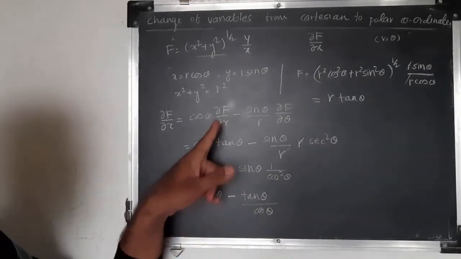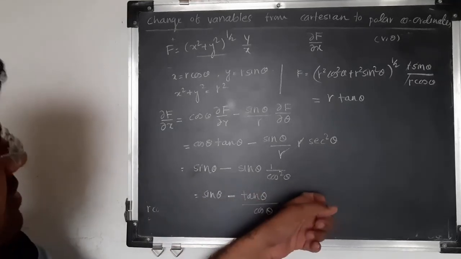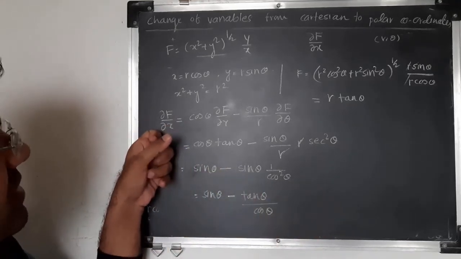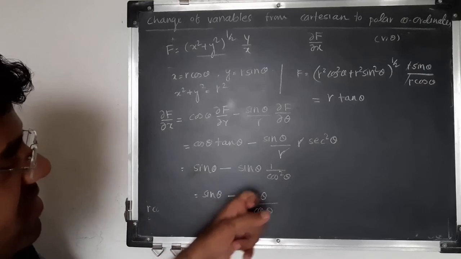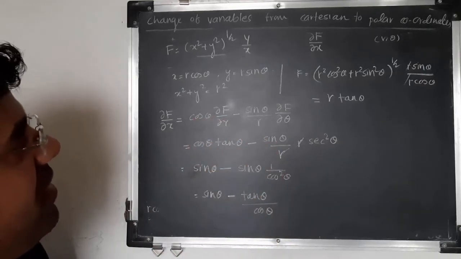If you put this value, you will get it as in the earlier case, divided by x, which is nothing but sin θ minus tan θ upon this one. Just put the values and you will get the final answer.